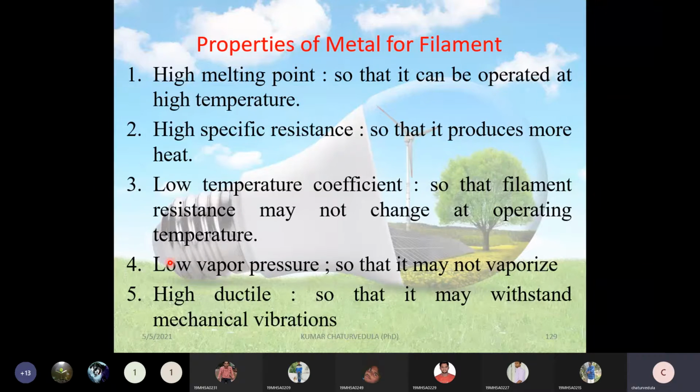You know the meaning of ductile: it is easily bent or stretched. So it should withstand mechanical vibrations, so that we can bend the wire to the shape required. These are the properties of the filament used in your incandescent bulb.